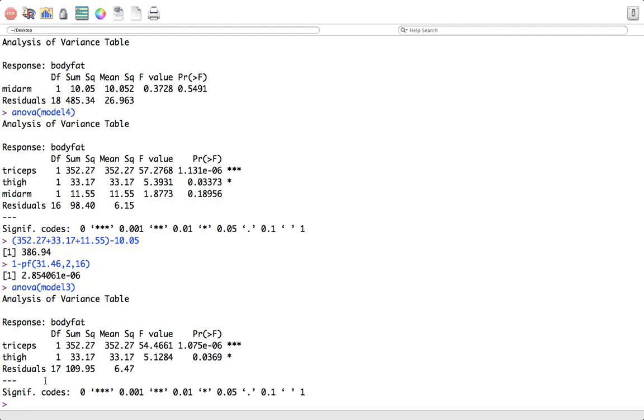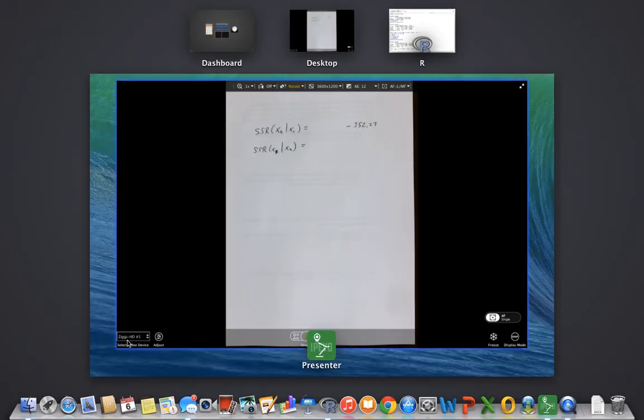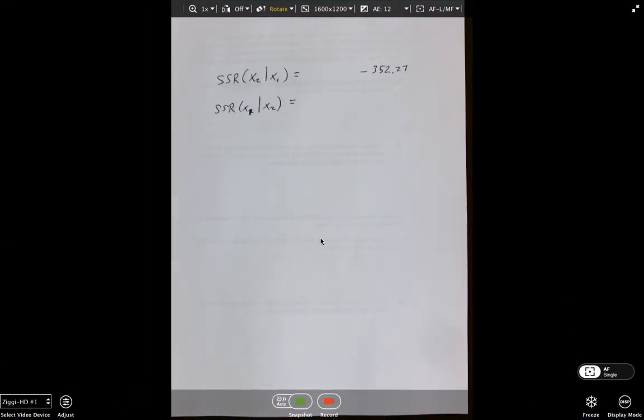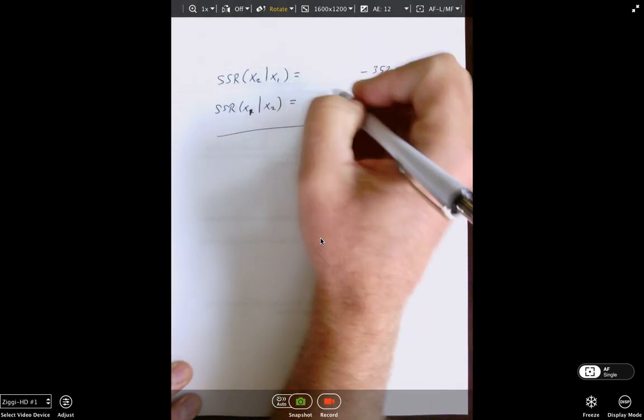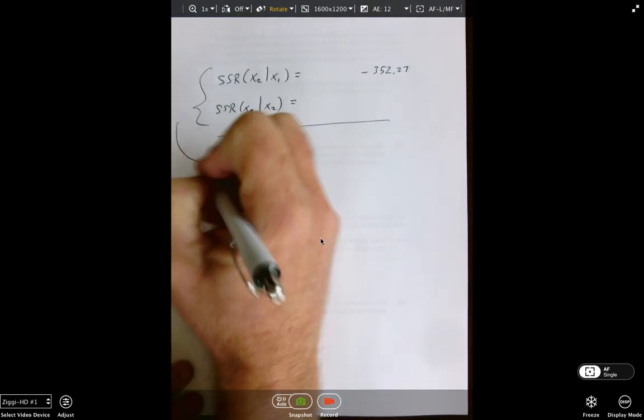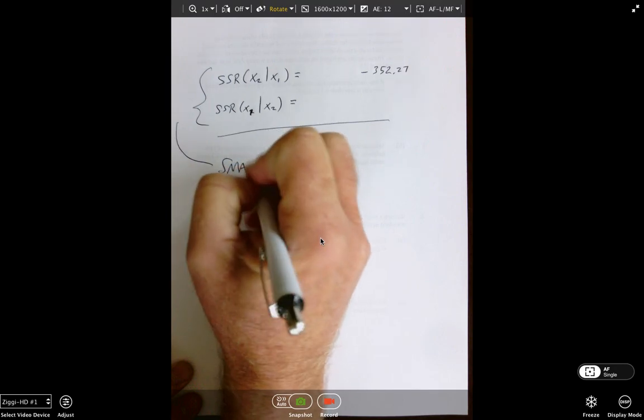And once one is in the model, the addition of the other one does little to decrease the error sum of squares or increase the sum of squares for regression. So gang, that's all I got. I didn't do the calculations, but both of these were small contributions.